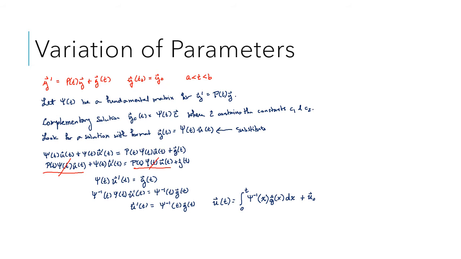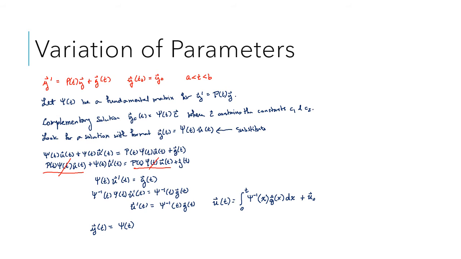So taking all this stuff and putting it together, what we'll end up with is y of t is equal to our complementary solution, so our psi of t times our constant matrix.